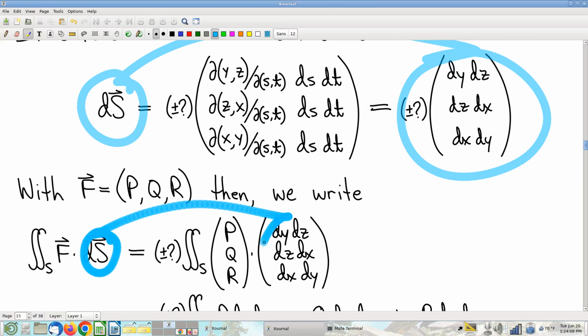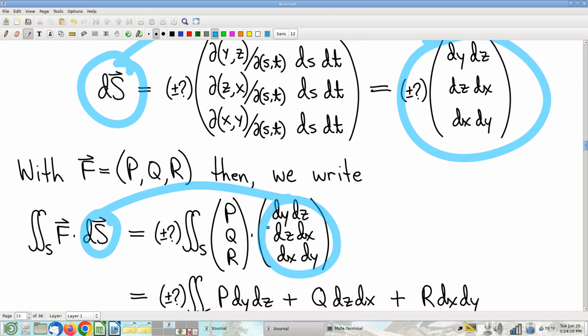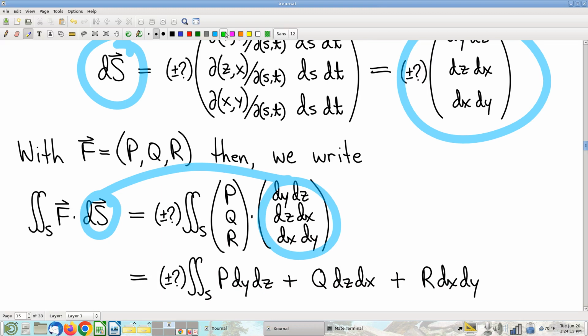And if you just plug that in, and assuming that you have a vector field, let's suppose your vector field has coordinates P, Q, R. Again, very typical.